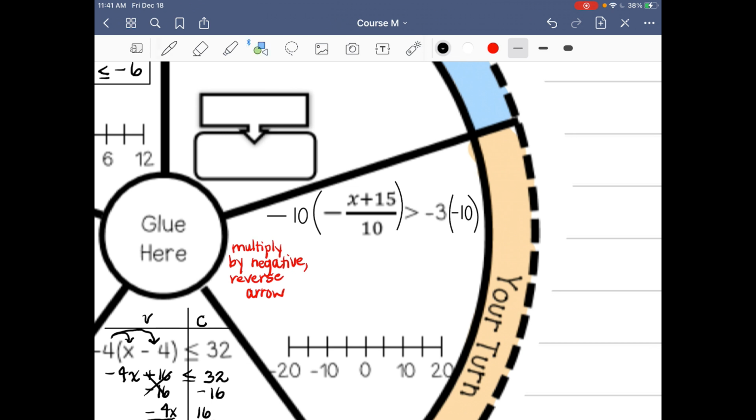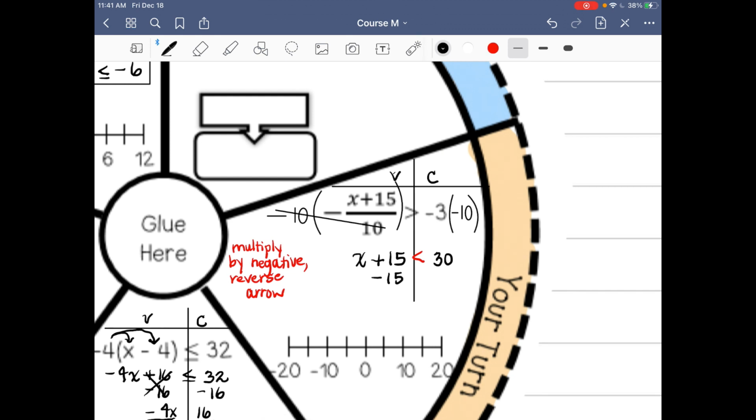But we are going to cancel those 10s and the negative. Let me put in the power t. There's variable and there's constant. So we're left with, we copy what we didn't cancel. Oh, the arrow has to reverse. And then on the other side, negative 3 times negative 10 is positive 30.